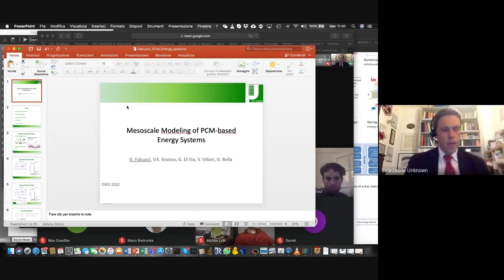Thanks, Tim. This is a very good question, and this is a quite remarkable property of these materials. Since you are dealing with a solid to liquid transition, we have a very small variation in density and in specific volume for these molecules. It can be quantified in very few percent points, just below 2%.